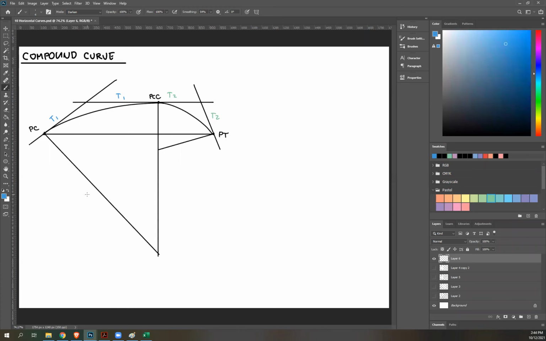This is your R1. This entire length is also R1. So let's draw a marking there. And then the shorter ones are your R2. Okay, so that's your curve.